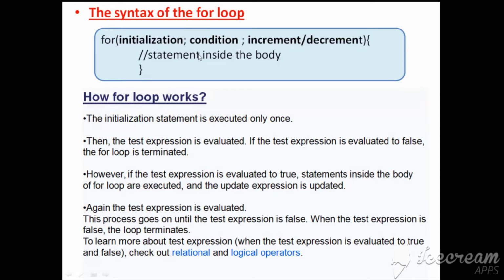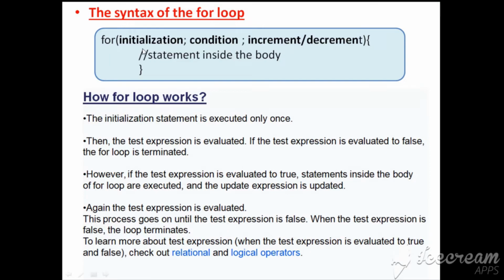Okay, how the for loop works: the initialization statement is executed only once. Okay, then the test expression or the condition is evaluated. If the test expression is evaluated to false, the for loop is terminated. So inside the condition, at first the initialization is executed one time. Okay, and then it checks the condition.